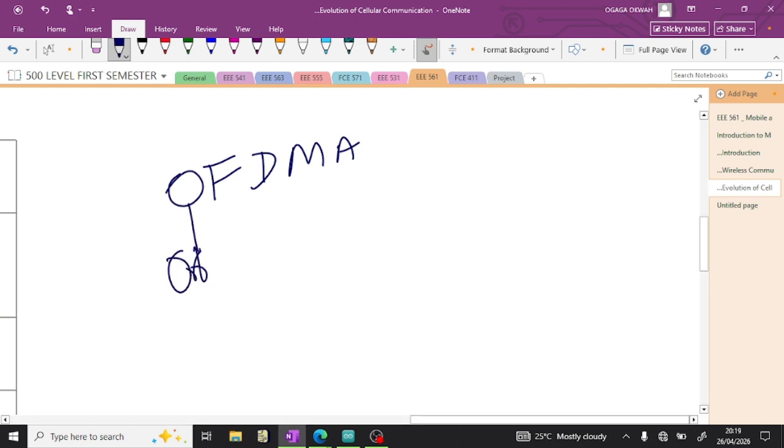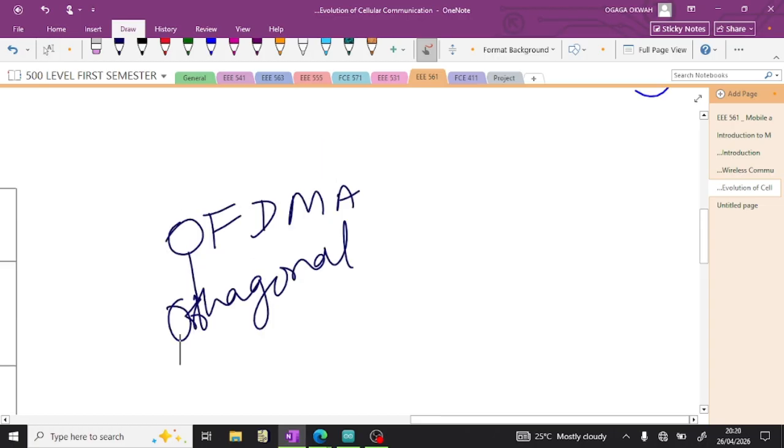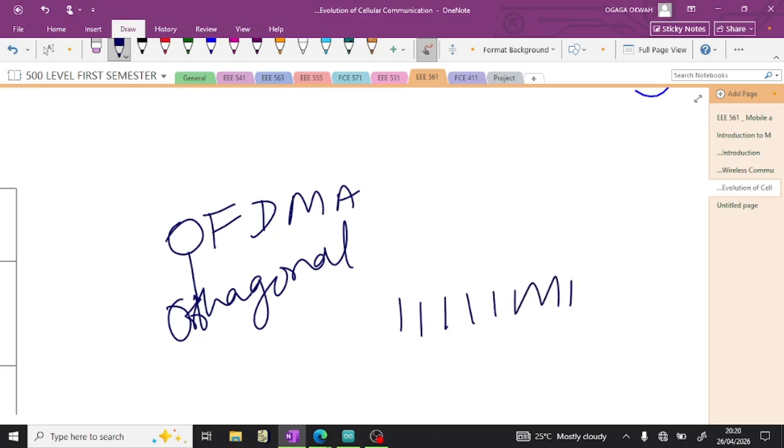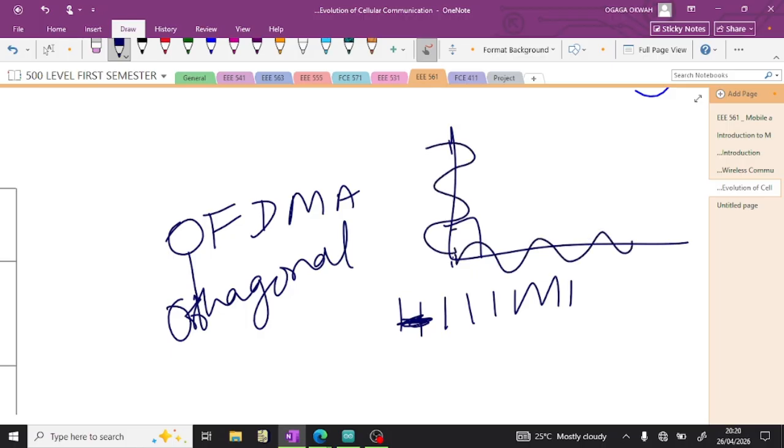Orthogonal. That is, the frequencies can be divided into sub-frequencies, into smaller frequencies, whereby even if they are very close, they will not interfere because they are orthogonal. Remember, orthogonal is 90 degrees. So a frequency that is close to another frequency, but one is at 90 degrees to the other, they will not interfere. Are we seeing it now?